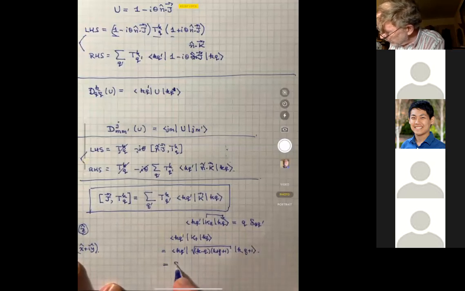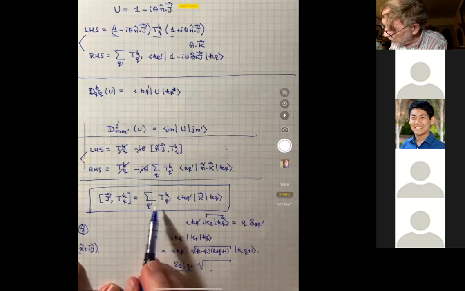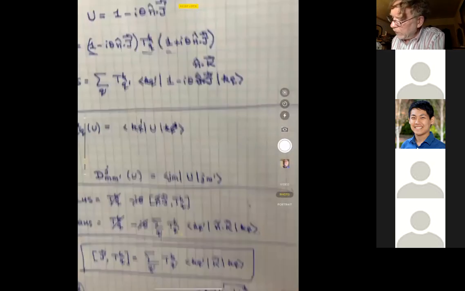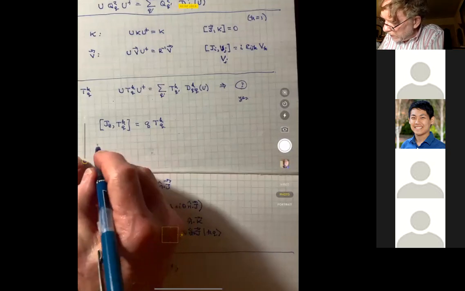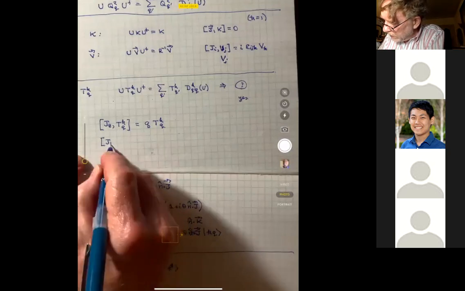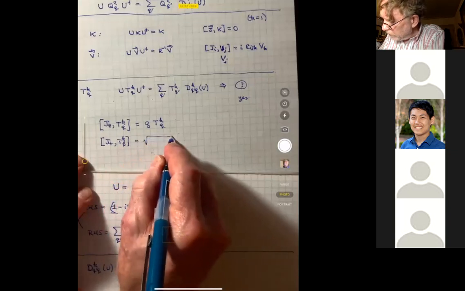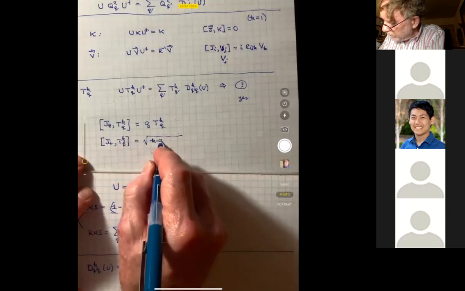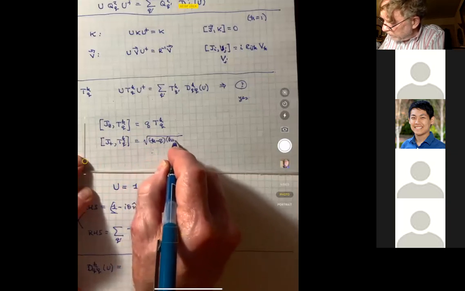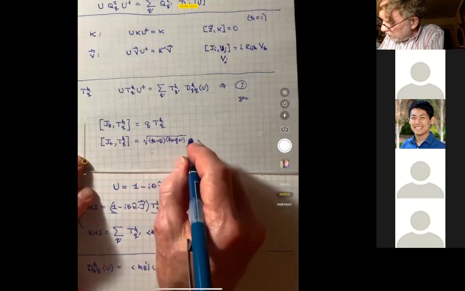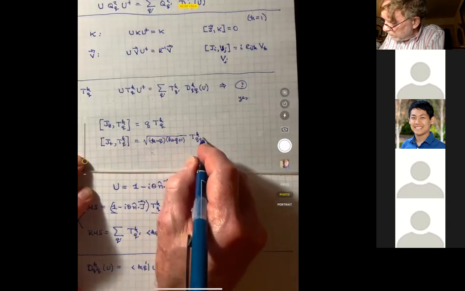And that's equal to Kronecker delta Q prime, comma Q plus 1, times the same square root. This Kronecker delta then allows us to do the Q prime sum here. Q prime gets replaced by Q plus 1. And when you clean that up a little bit, you get a new commutator. Here it is. J plus commutator with TKQ is equal to square root of K minus Q, K plus Q plus 1, times TK, Q plus 1.